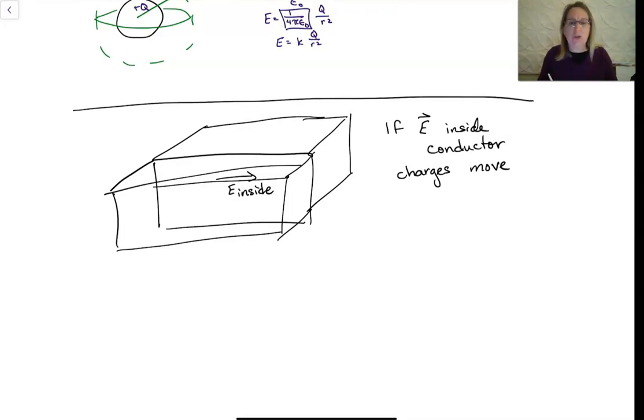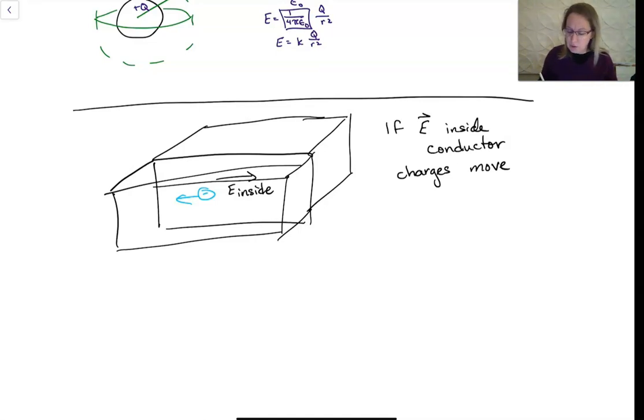If there's an electric field that way, that's the direction plus charges would go. So minus charges would go the other way. So electrons would head off in this direction. Well, when electrons head off in this direction, it sets up an electric field in the opposite direction because there are positive charges sitting there that are exposed, and we get to a zero electric field.